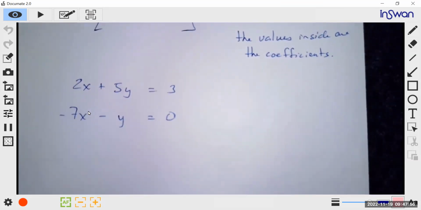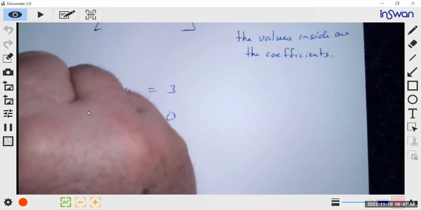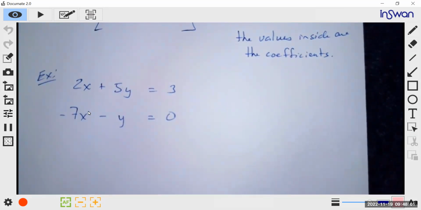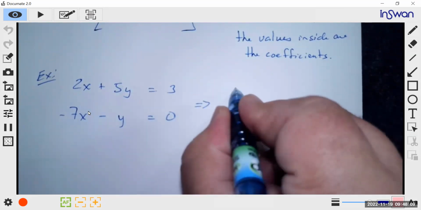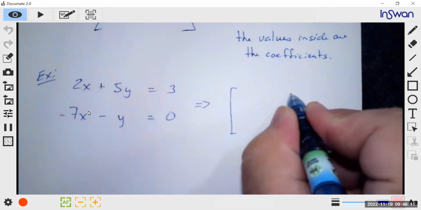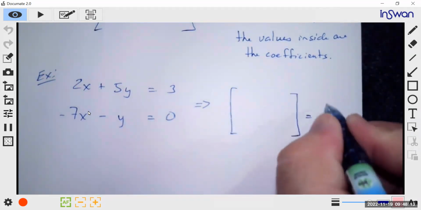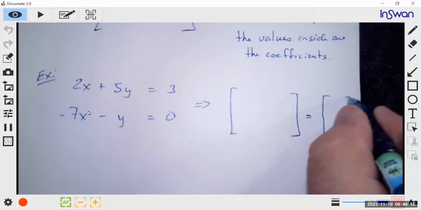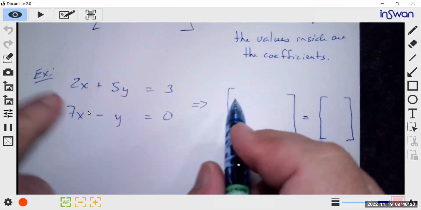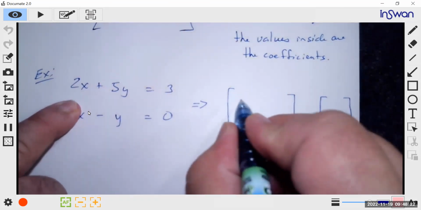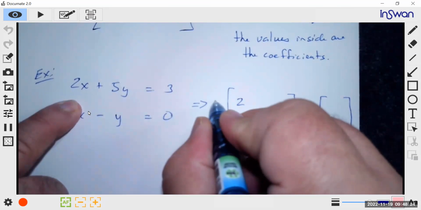So for example, what if we had this? Here's an example. What we would do: the first row, first column is a 2, because this is the line number.